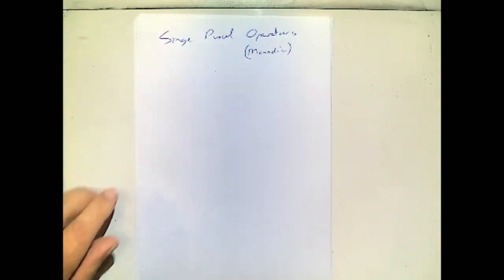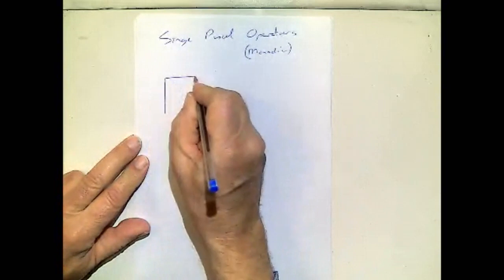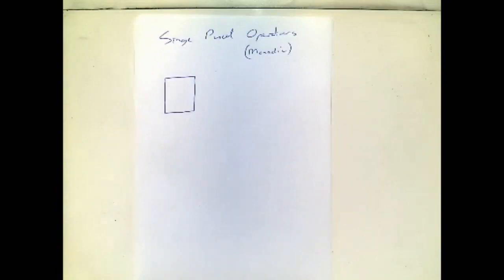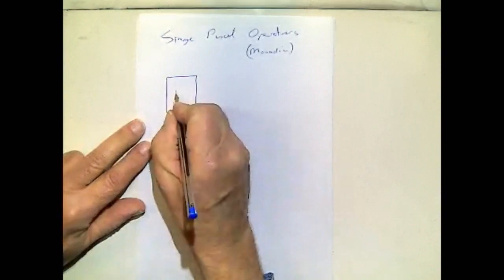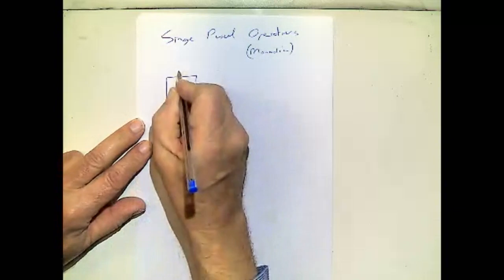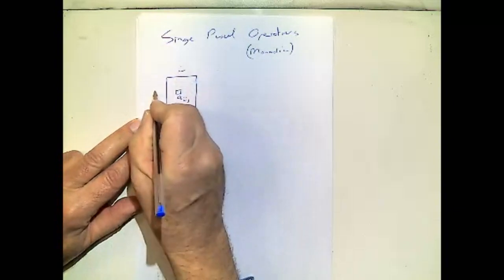So if we take an image, it is going to be made up of pixels. In the real world, it's going to be millions of pixels. For the purposes of exams, to get the idea of the operators over, you will be seeing images of 4 by 4 pixels. The principle is the same. Within that image, there is a pixel, A_ij. i is the row, j is the column.